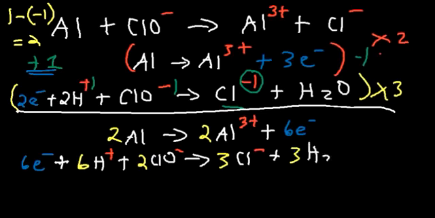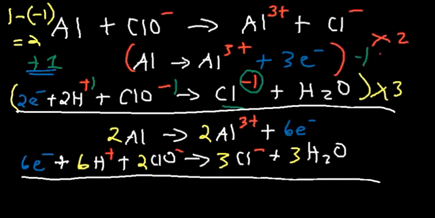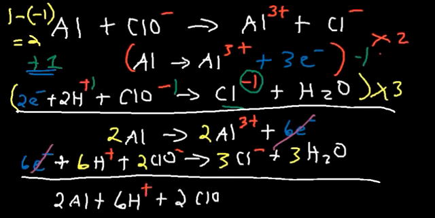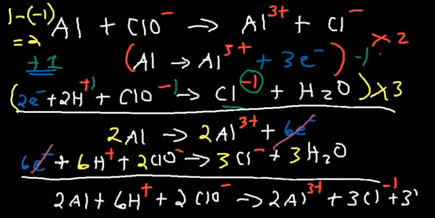So now we can add these two half reactions. The number of electrons will cancel. So we get 2Al plus 6H plus and 2 hypochlorite ions, and that turns into 2Al3+, 3 chloride ions, and 3 H2O molecules.